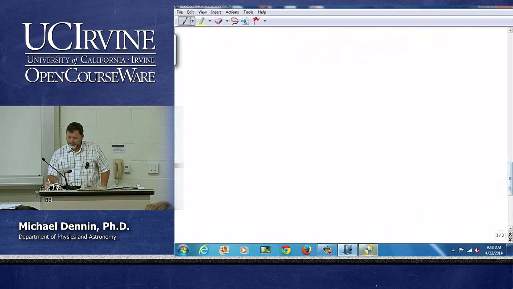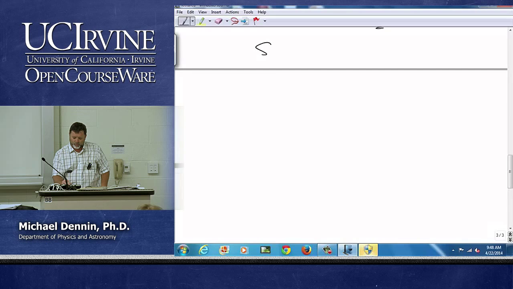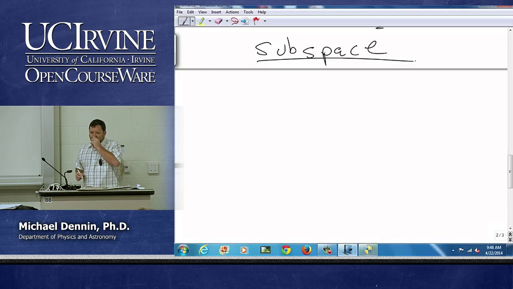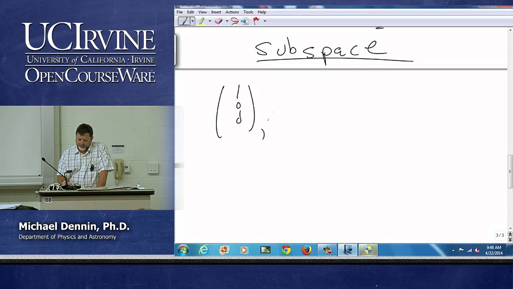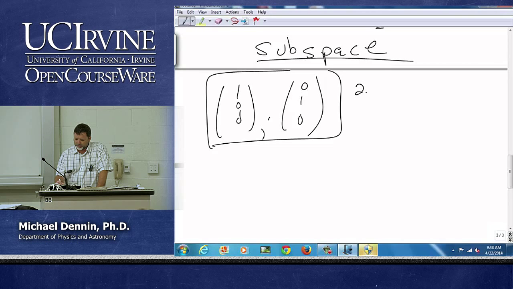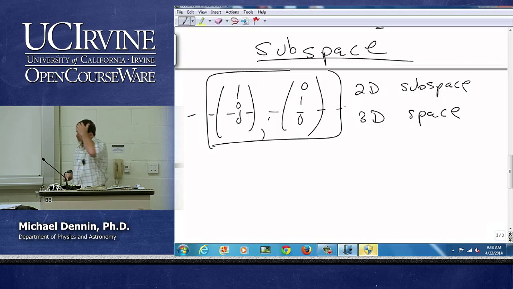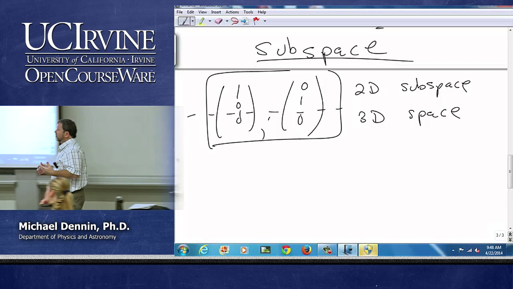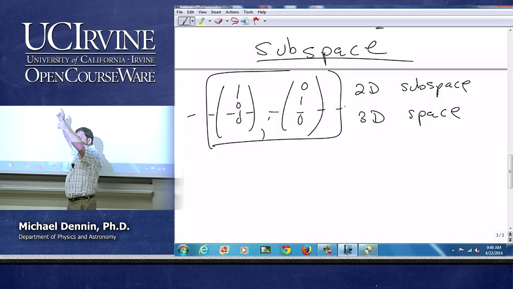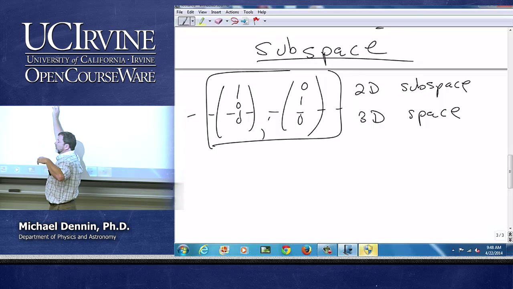The final idea I just want to mention, just so you're aware of it, is that we will occasionally talk about a subspace. That's easiest to see quickly with an example. If I take these two vectors, they clearly form a two-dimensional subspace of 3D space. The 1, 0, 0 and 0, 1, 0 span the space of all vectors with components only in the top two places, any vector with a 0 in the bottom.